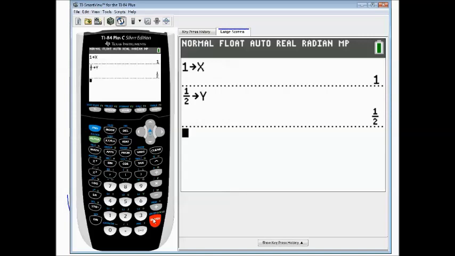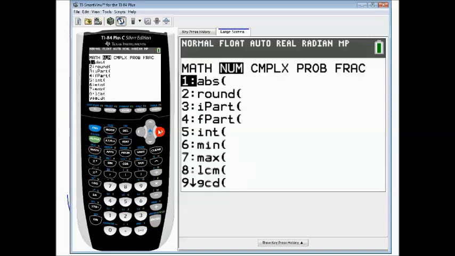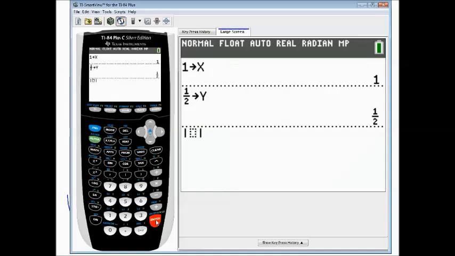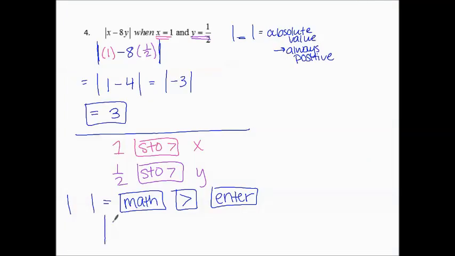Now I can do my absolute value, hit math, go over to NUM, hit enter, and I can type in x minus 8 alpha 1, enter, and there's my 3. The absolute value of x minus 8y in this instance is equal to 3. And we saw that with our algebra, and we saw that with our calculator.